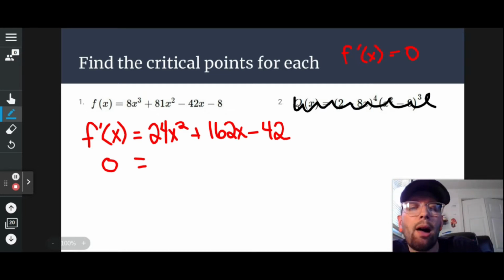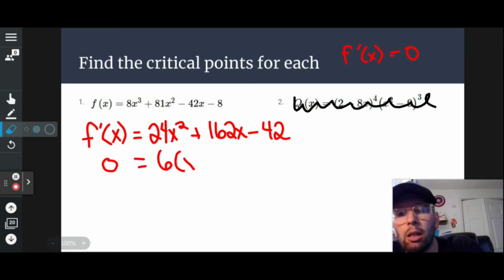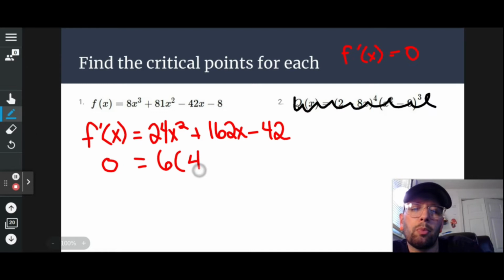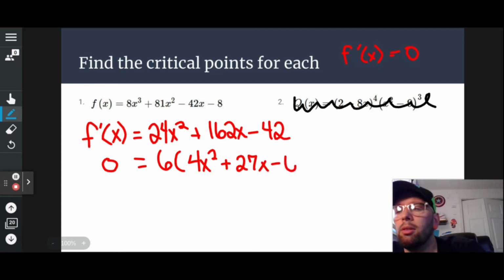Yeah. So that would be 4x squared plus 27x minus 7.